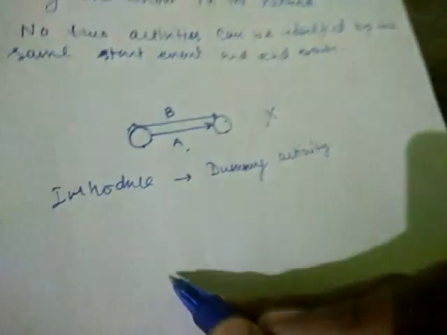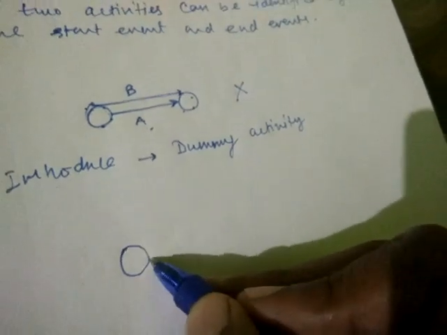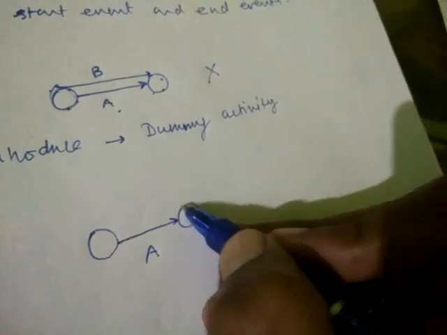Dummy activity. So what is a dummy activity? Now see, for this case, if A and B have the same start point and same end point, then how will we make this diagram? We will make it in this way.